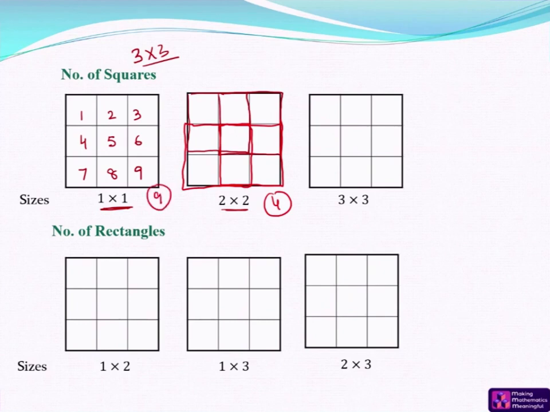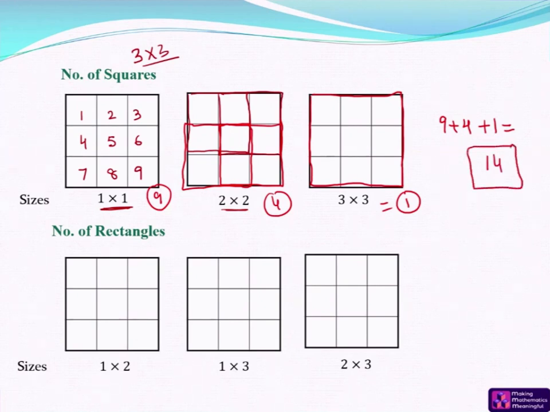And how many 3 cross 3 squares? Of course, the largest one, only 1. So when we count the total number of squares, it amounts to 9 plus 4 plus 1, which is equal to 14. So in this 3 cross 3 grid, we have a total of 14 squares.